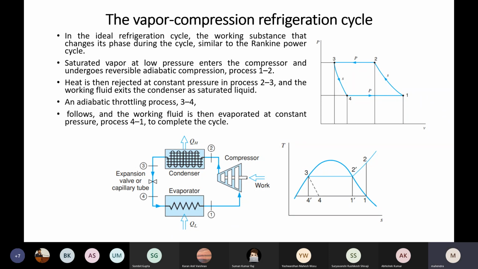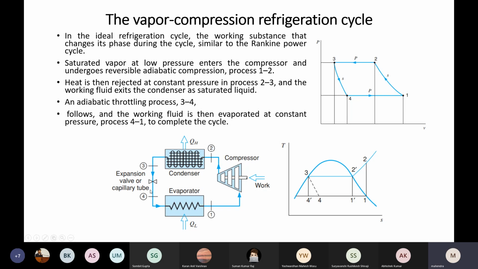But here, in the case of refrigeration, whatever expansion is taking place, this is the liquid. In the Rankine cycle, we expanded gas, and that specific volume was very high. Here this is liquid.